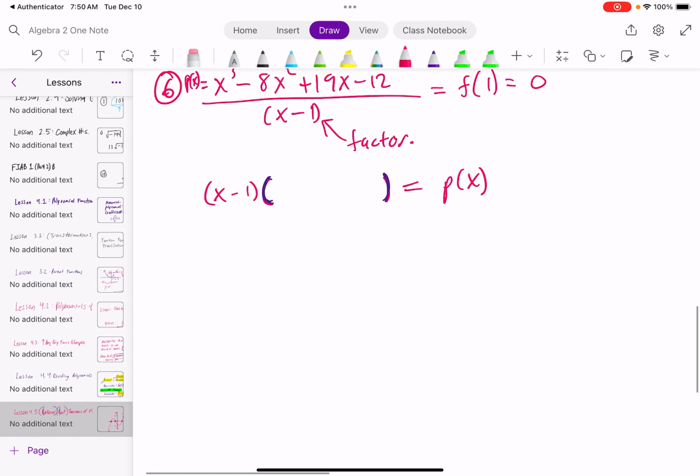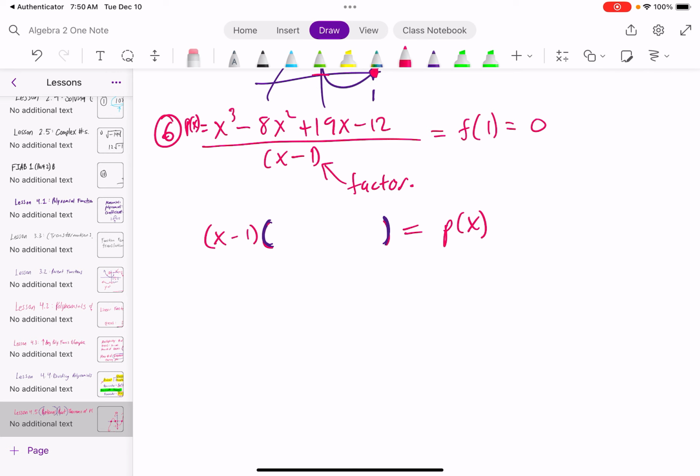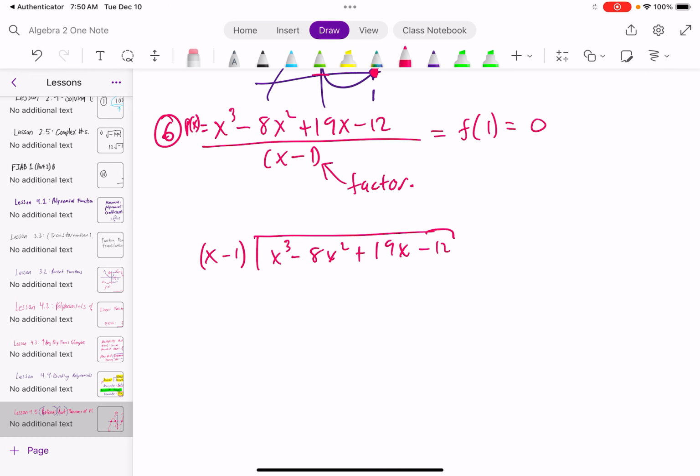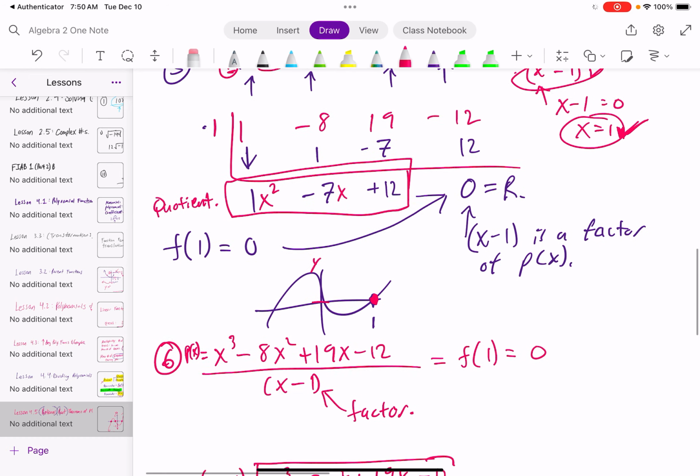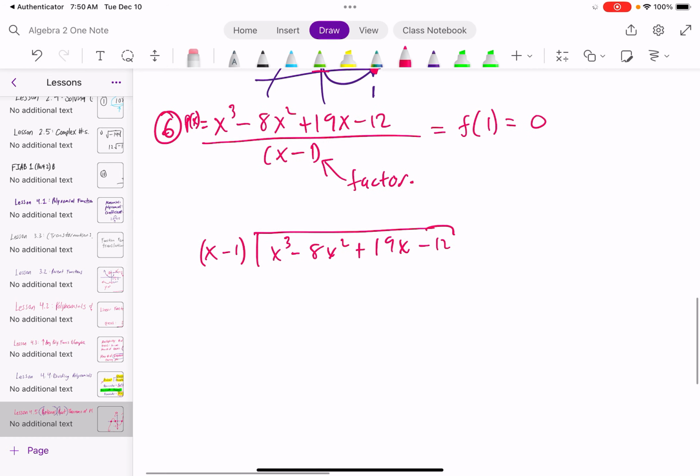In other words, if you have x minus 1, you're doing long division, and this is your p of x, the quotient will be 1, negative 7, 12.